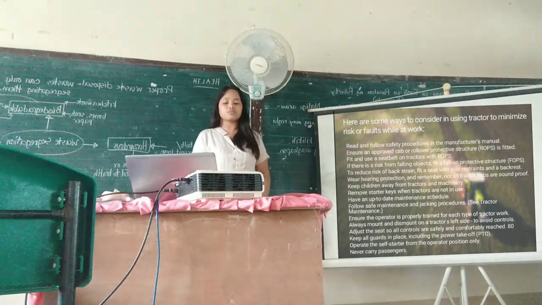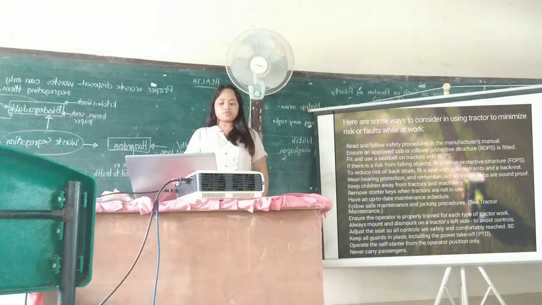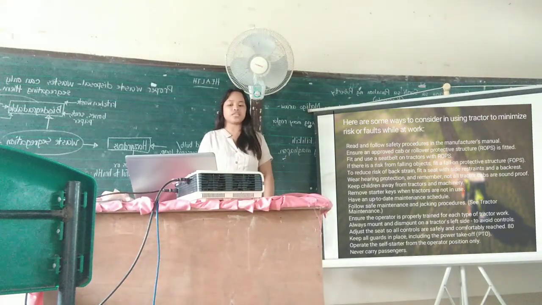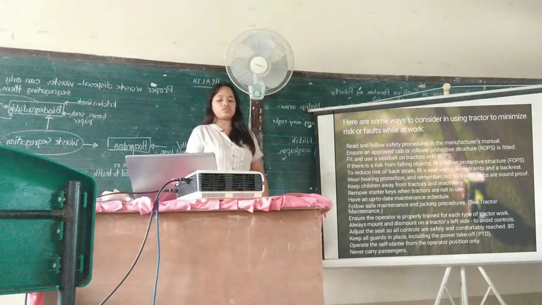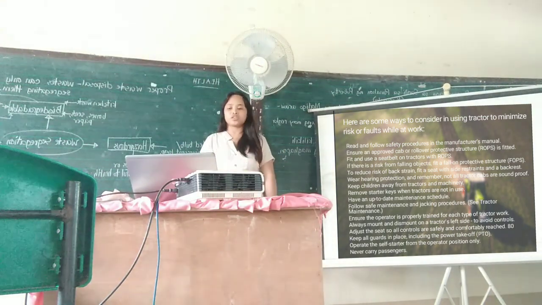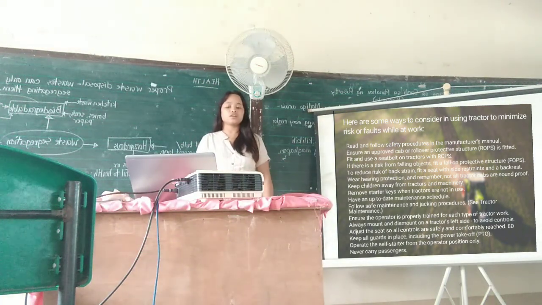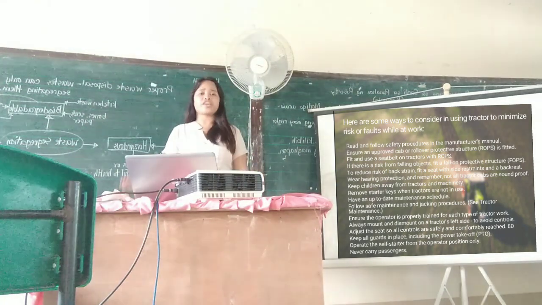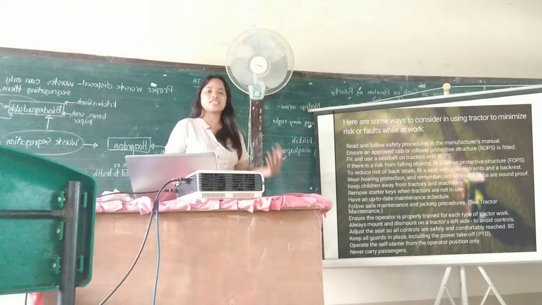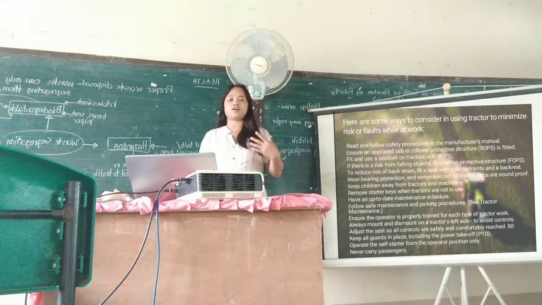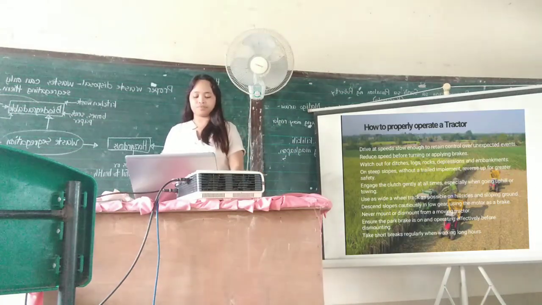Then adjust the seat and seat belt so controls are within safe and comfortable reach. Then operate the self-starter from the operator position only. Then lastly, never carry a passenger when operating farm equipment.